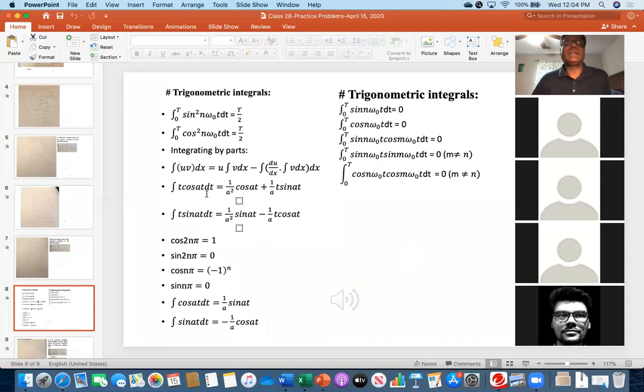Integration of t cosine of at dt. So what you are getting? 1 over a squared, where a is the argument of cosine. So 1 over a squared, then cosine at plus 1 over a t sine of at. But if it is the sine function, then it is 1 over a squared similarly, but there is a minus sign here, 1 over a t.